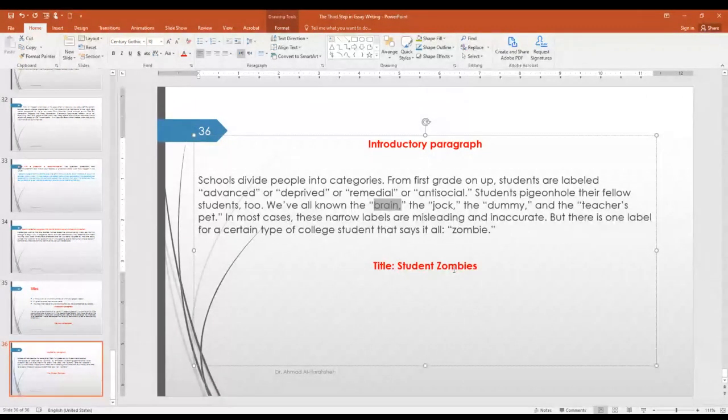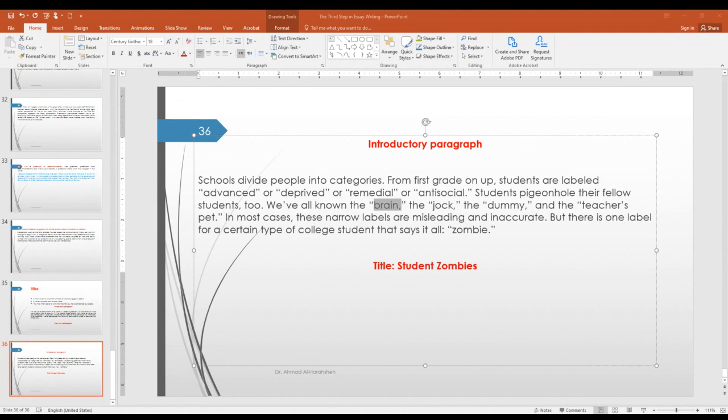Now, student zombies, this is the title. This is the best title for this introductory paragraph. Again, this is a very interesting topic. But don't do that, because it will be so sensitive for your teachers. Avoid sensitive topics. In the future, inshallah, when you select a topic, you should make sure that the topic you are going to talk about will not be sensitive for some people.